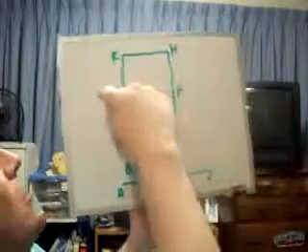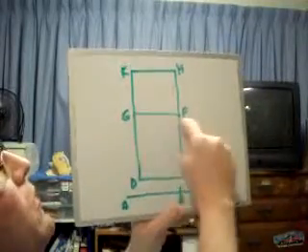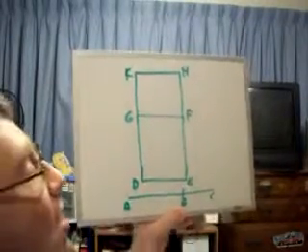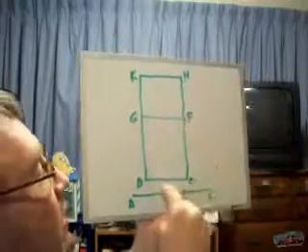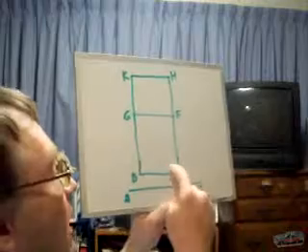And for the same reason, GK is also rational and incommensurable in length with GF. GK is rational and incommensurable with GF. So this line is rational and it's incommensurable in length with this. And since this is the same length as this, then this line is rational and incommensurable in length with this.